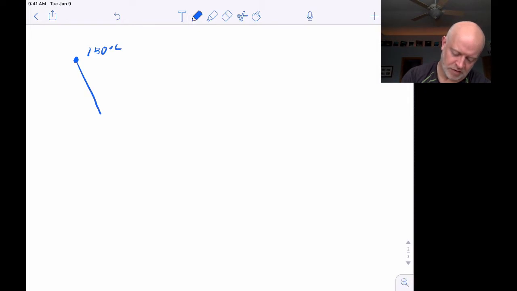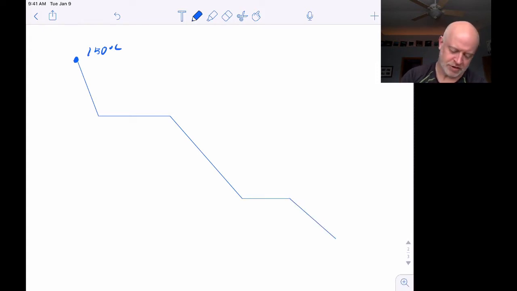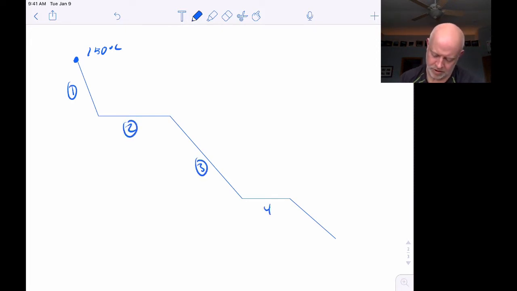So I had to cool down first, then condense, then cool down some more, then freeze, and then cool down some more. I'm seeing 1, 2, 3, 4, 5 legs to this problem.